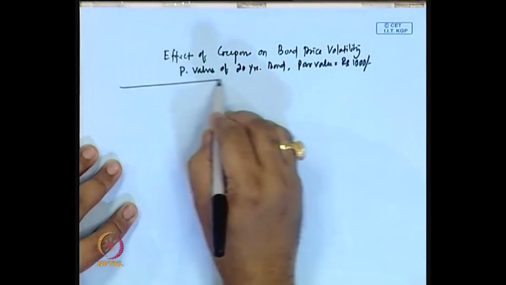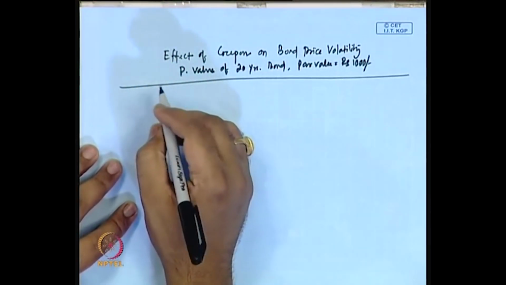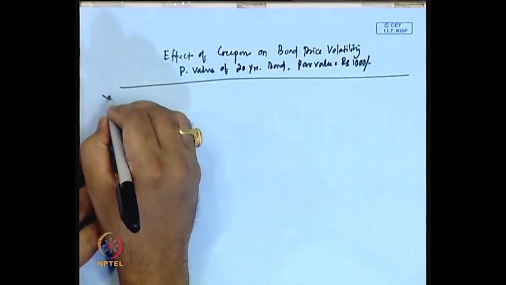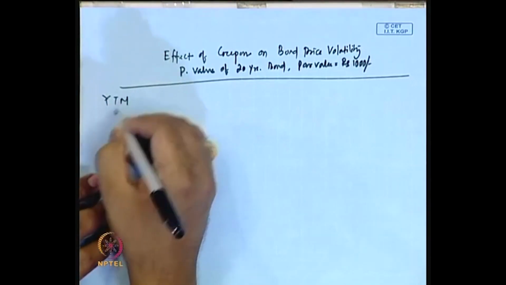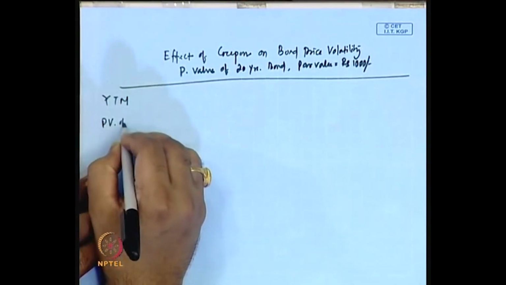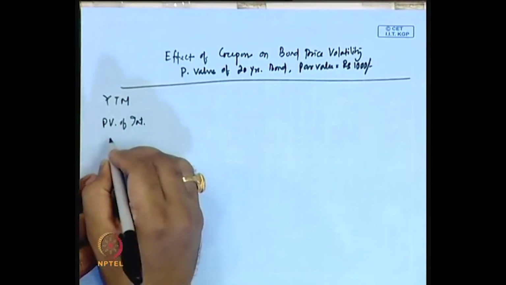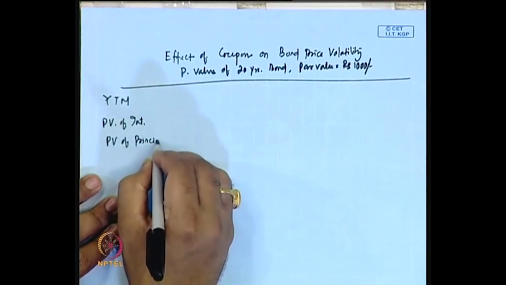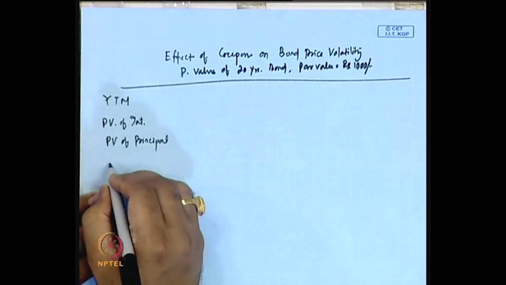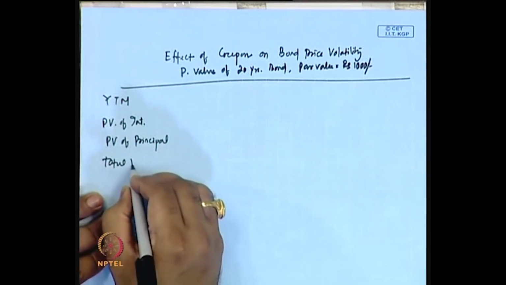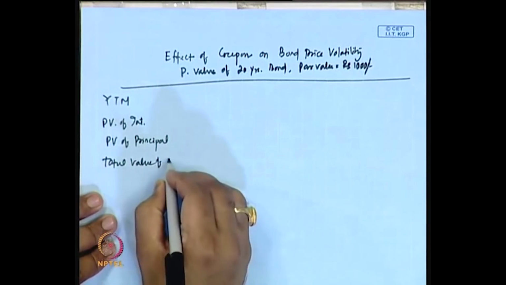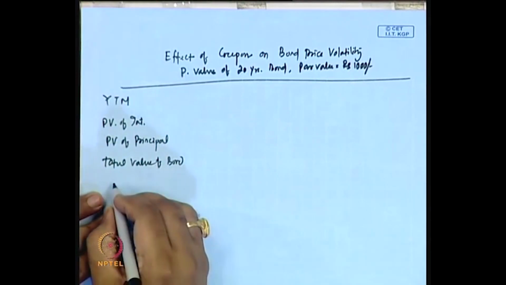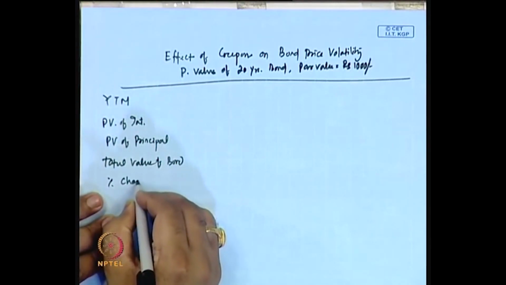In this case you can take your YTM, the present value of interest, the PV of principal, the total value of the bond, and then the percentage change in total value.